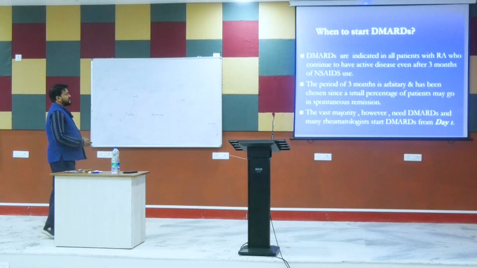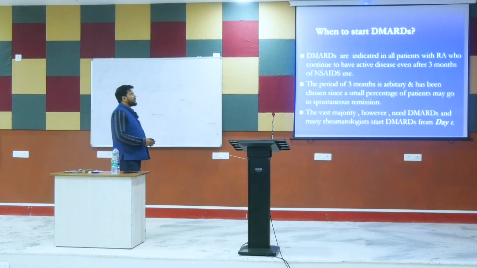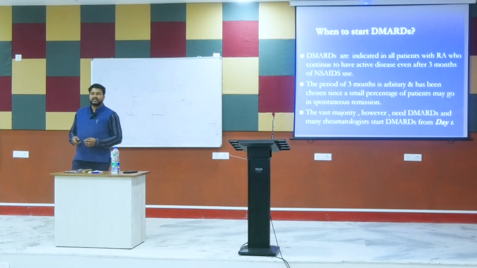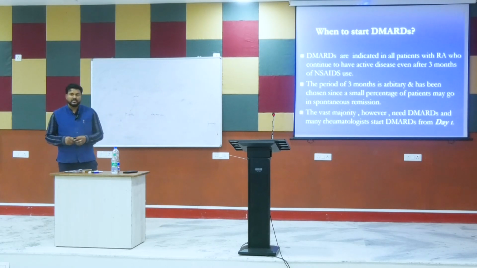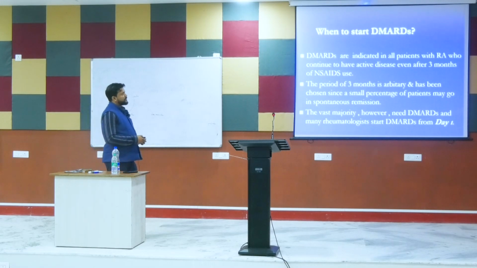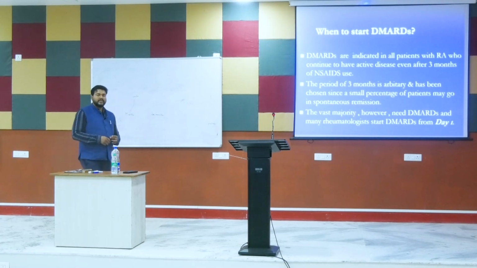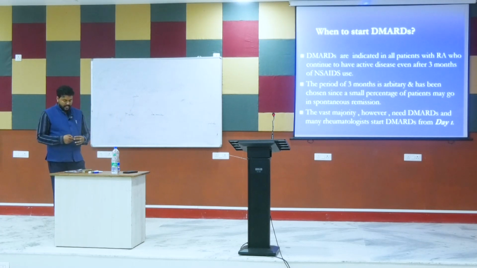When to start DMARD? If you initially tried NSAIDs or steroids to reduce the symptoms, and the disease persists, then you have to start DMARDs to decrease the activity of the disease.